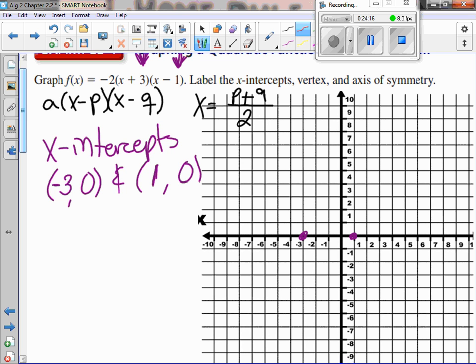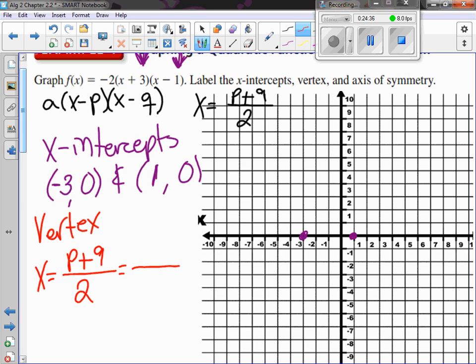Now, since these here are nice whole numbers, it's not going to be too hard to find the x value because, again, it says it's in the middle. So we've got 1, 2, 3, 4. So 2. Or let's find the vertex: x is equal to p plus q over 2. What's the value of p?